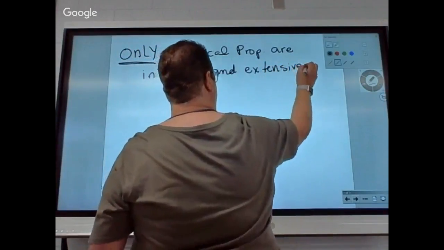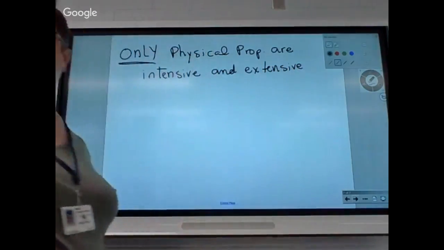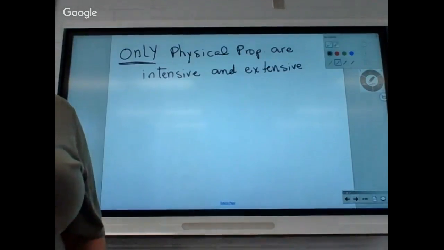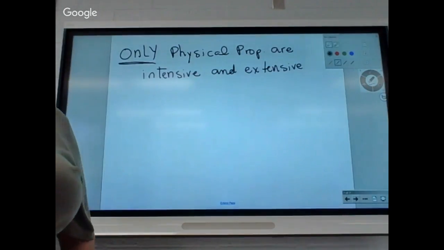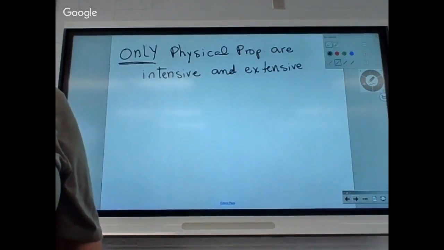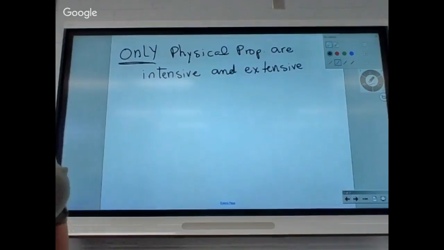So in a minute, when we talk about chemical properties, am I going to label them intensive and extensive? No. Okay, because the list is going to be much, much shorter. Only physical properties are intensive and extensive.